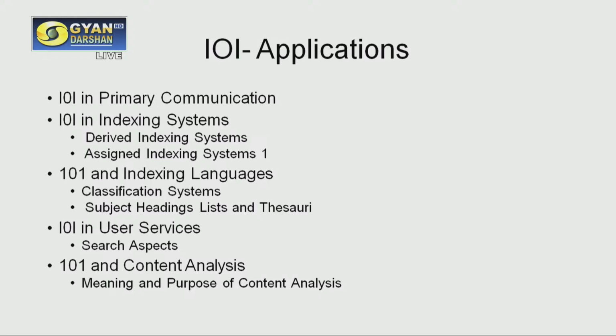Now coming to user services. Even in user services, intellectual organization of information is very important. Though these days we are talking of disintermediation of information, the user doesn't need help from anyone, still if you see the e-resources, if you want to use a particular search engine, you would find that if the component of intellectual organization is missing, it will affect your results.